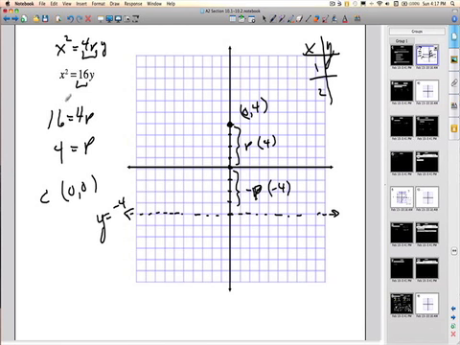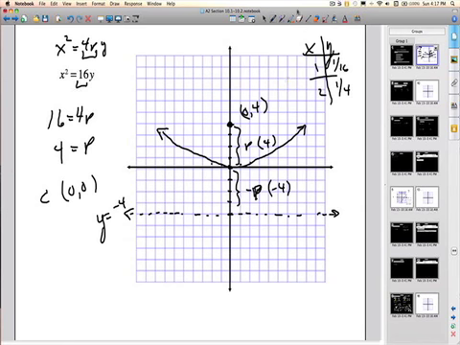When I plug 1 into my equation, 1 squared is equal to 16y. So when I solve for y, I'll get 1/16. I'll get 2 squared is equal to 16y. When I solve for y, I'll get 1/4. So I'm going to have a point here and a point there. I can match them with symmetry over here. And this is the shape of my parabola.